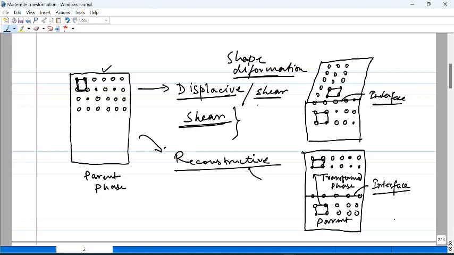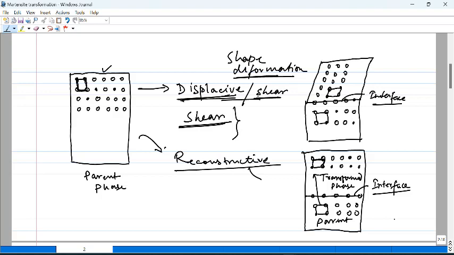So in case of Martensite transformation, we know there is no reconstruction because there is no diffusion, and therefore it has to be through this displacive or shear mechanism, where the atoms would move to generate a pattern which is more relevant to the Martensite structure, as it is cooled down below the MS temperature where the austenite phase is not stable.